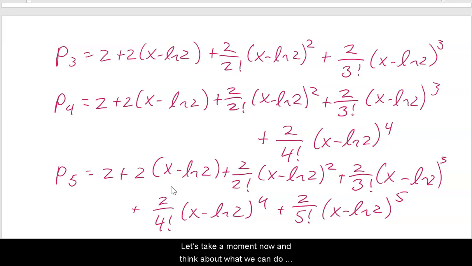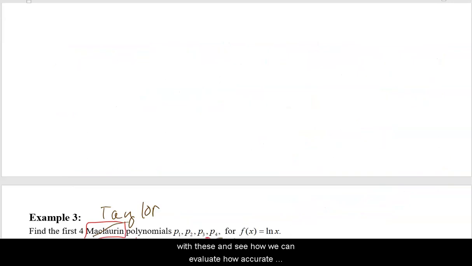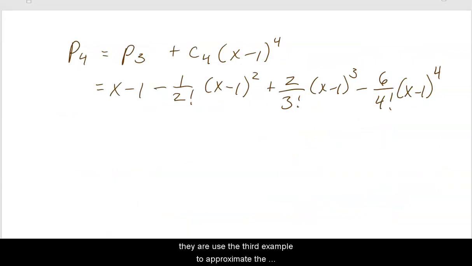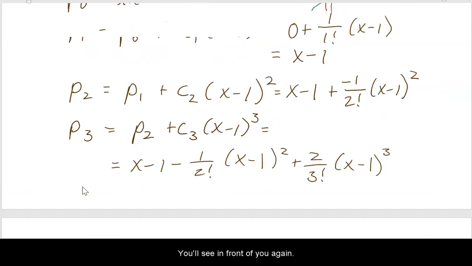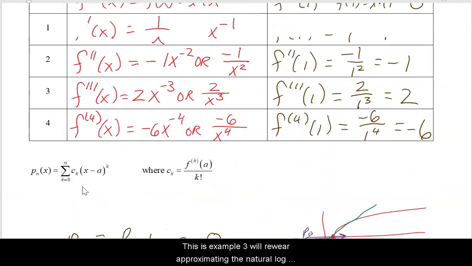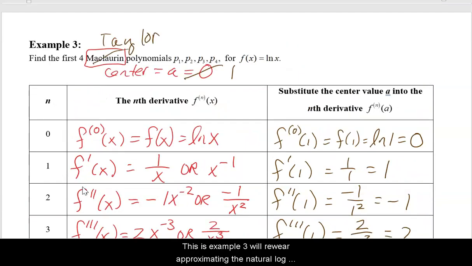Let's take a moment now and think about what we can do with these and see how we can evaluate how accurate they are. Use the third example to approximate the natural log of 1.2 using p sub 4. You'll see in front of you again that this is example 3, where we were approximating the natural log of x with the 4 Taylor polynomials.